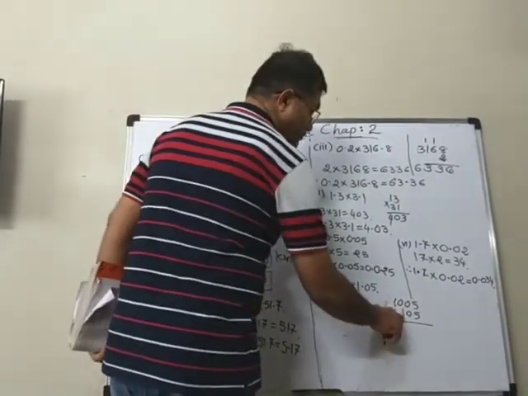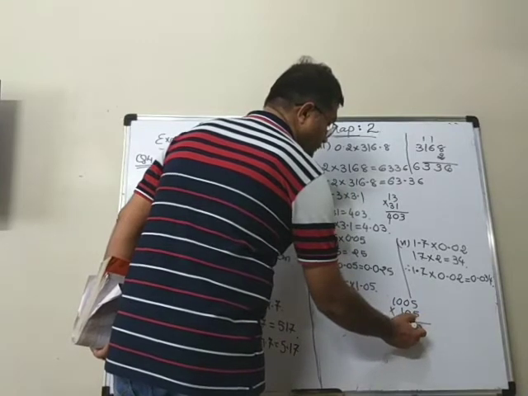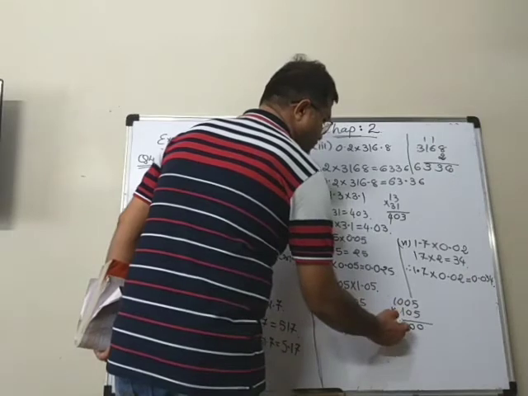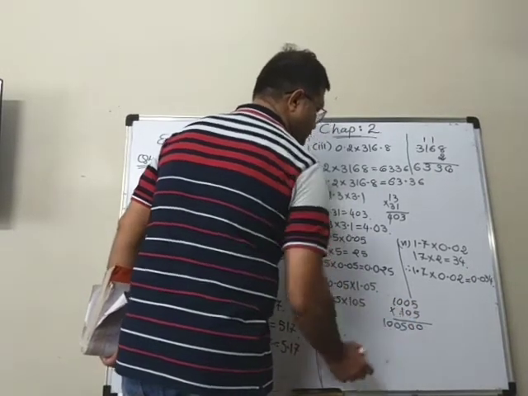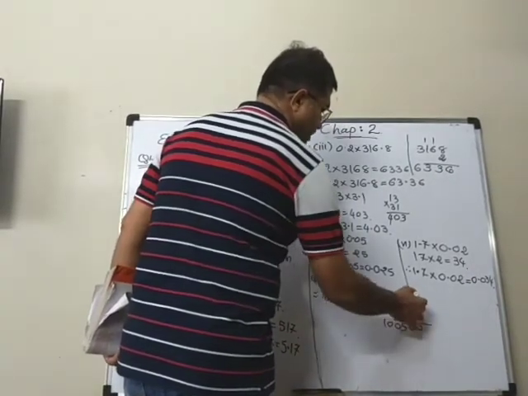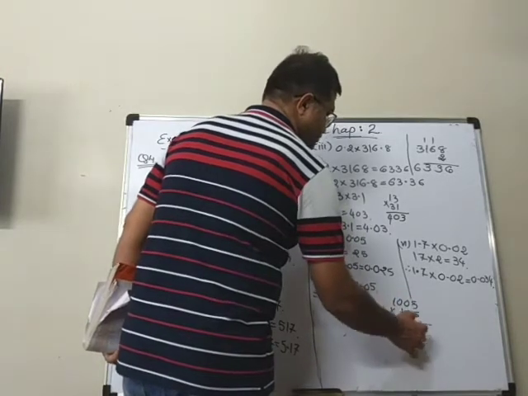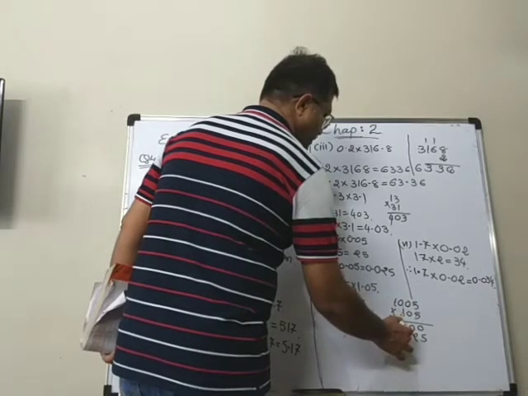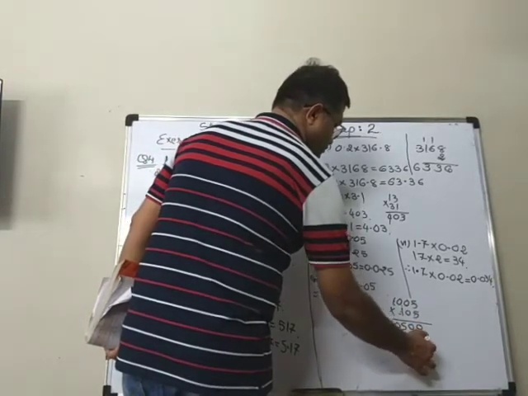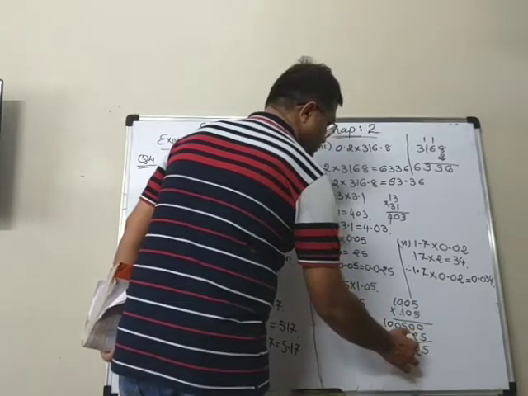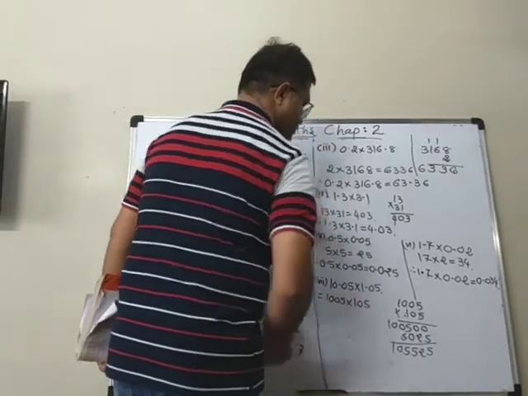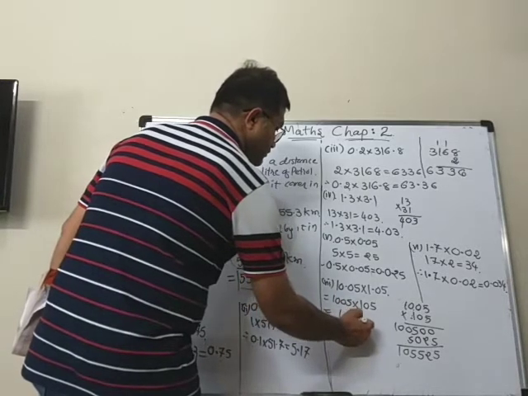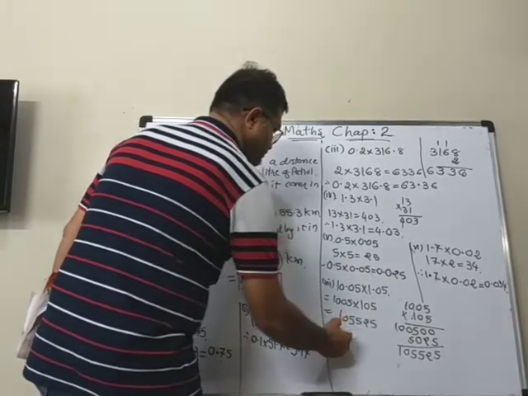First of all, we will multiply with 5. 5 fives are 25. 5 zeros are 0, 5 zeros are 0, 5 ones are 5. Then 0 is there, direct. Then 1 ones are 1, so it is equal to 105,525.